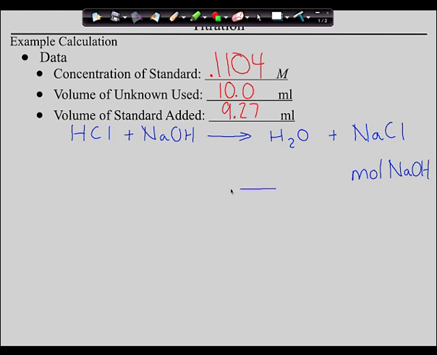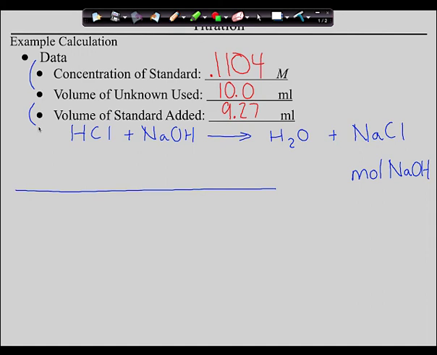And this is going to be dimensional analysis. Now, guys, watch. This is going to sound familiar. We know 2 things about the standard. We know its concentration. That's what makes it the standard. And we also know its volume. So we know its volume and we know its molarity.